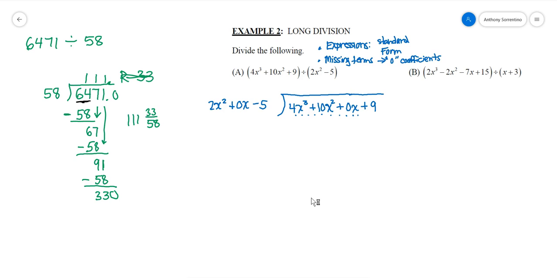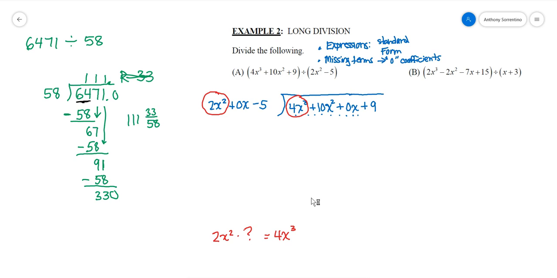But I'm only mainly concerned about the first terms. So as a side problem here, I'm going to say, okay, well, 2x squared times what is going to give me a 4x cubed?